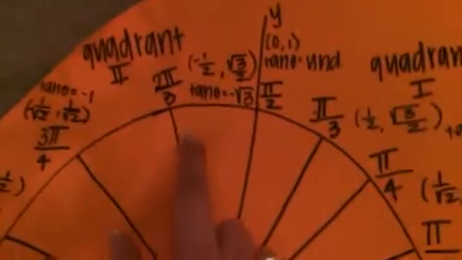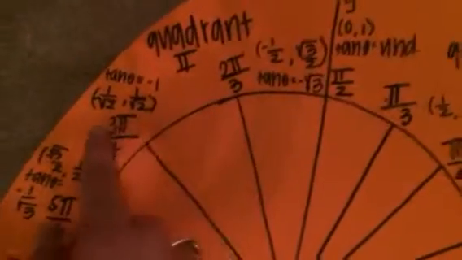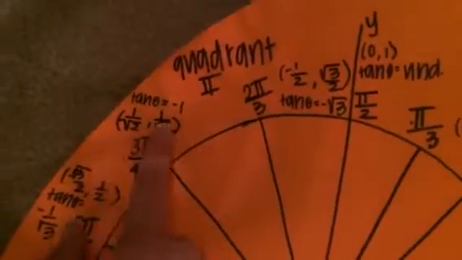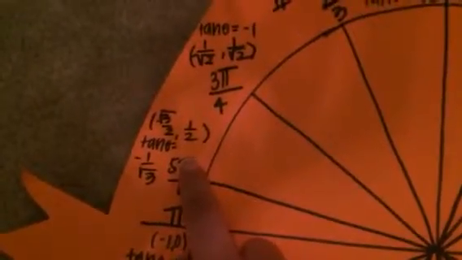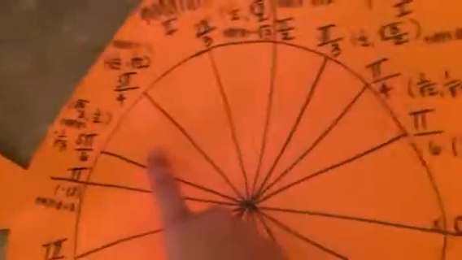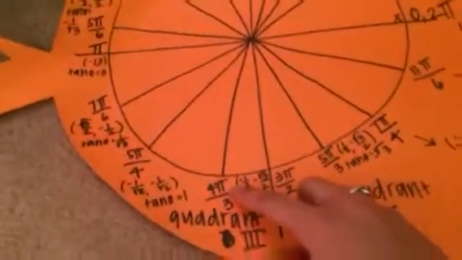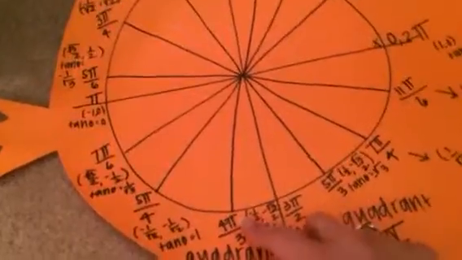So you start here, and you have negative 1/2, square root of 3 over 2, negative 1 over square root of 2 and 1 over the square root of 2, and negative square root of 3 over 2 and 1 over 2. So these two, the patterns go the same, with the only difference being that x is negative. But if you come down to this quadrant, quadrant 3, the pattern actually reverses itself.